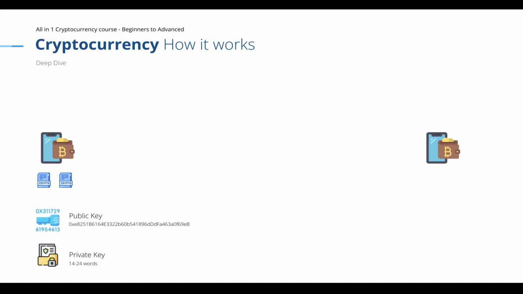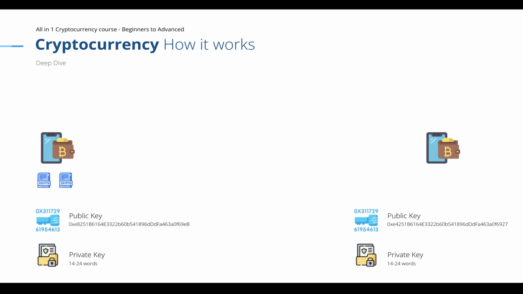Other than that, the most important thing is that every crypto wallet has a public key and a private key. The public key you can consider as an account number, which you can share publicly or tell to someone to make a transaction, and the other person also has a public key and a private key.